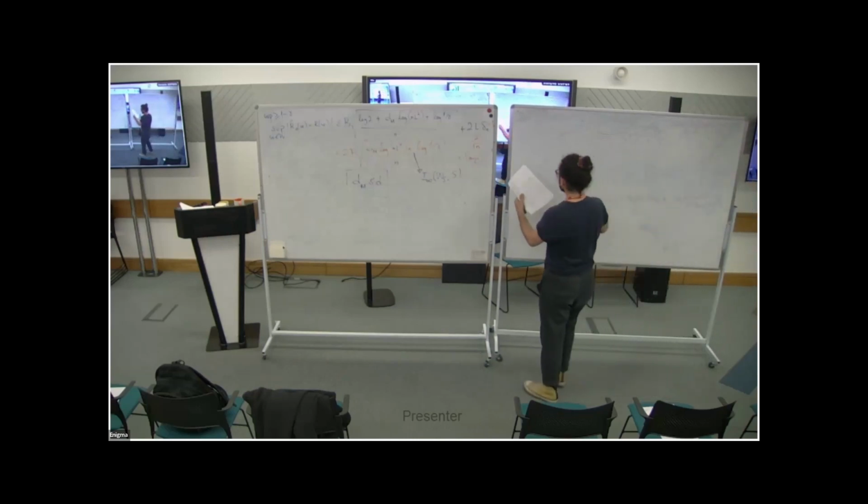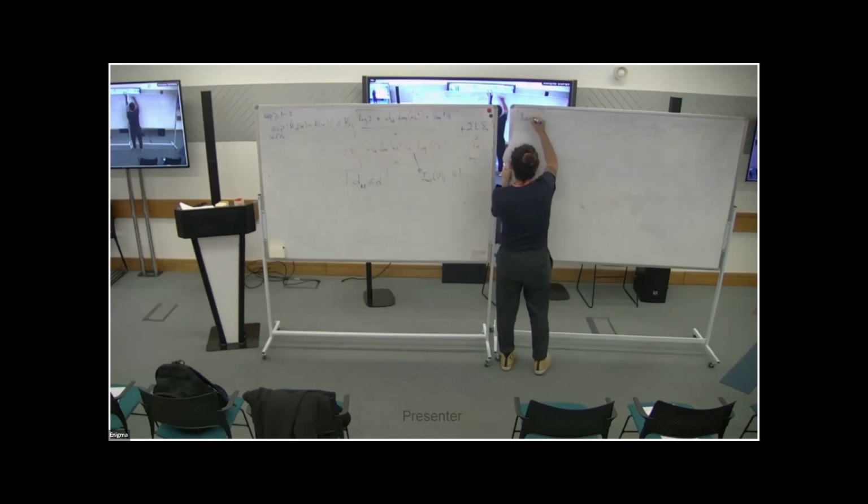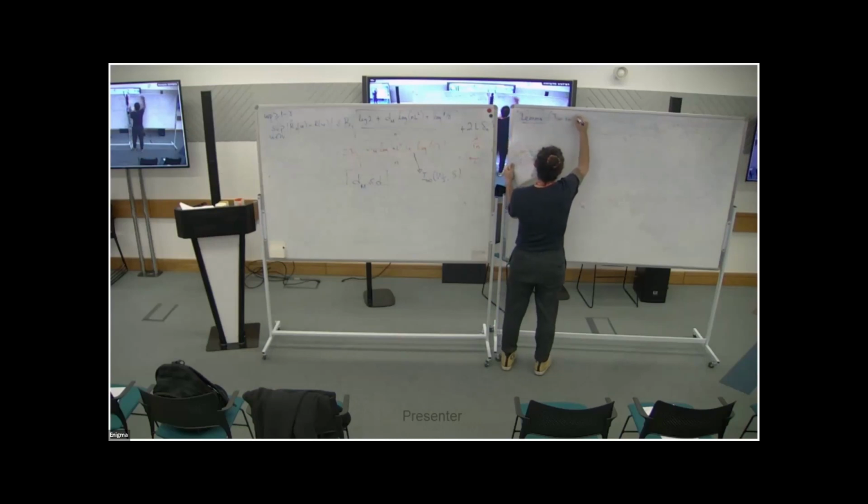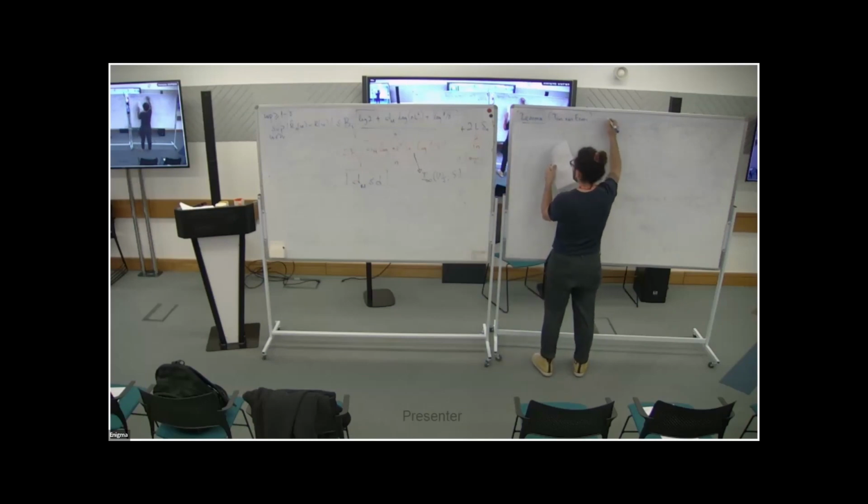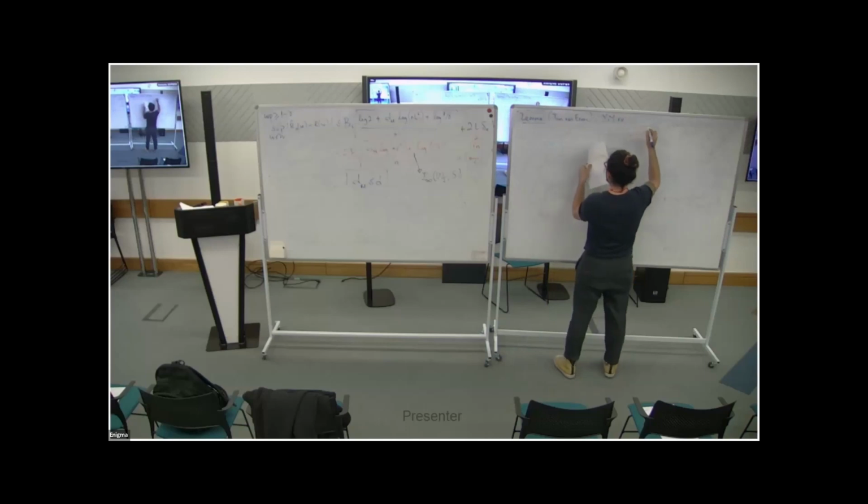So there is a simple lemma. This can be tracked by Kemp's paper. Let's say X and Y are random variables, and E is any Borel set on the product space.